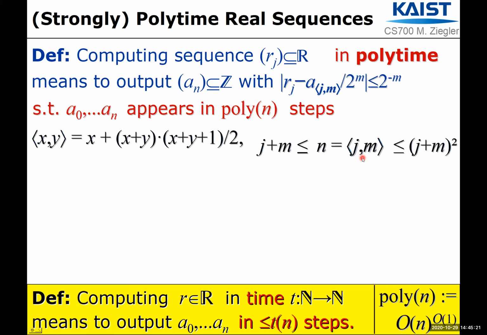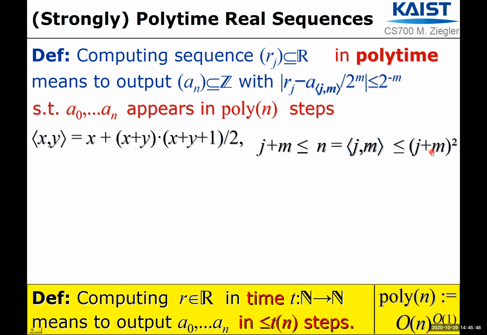Namely, the pairing of j and m is at least as large as the sum of j and m, which is easy to see from this expression. And it is at most as large as the square of the sum of j and m. And since we're interested in polynomial time computability anyway, the difference between this and this is at most quadratic.